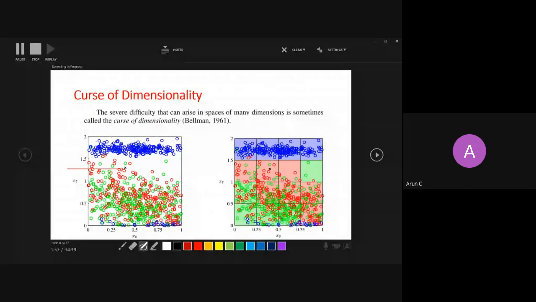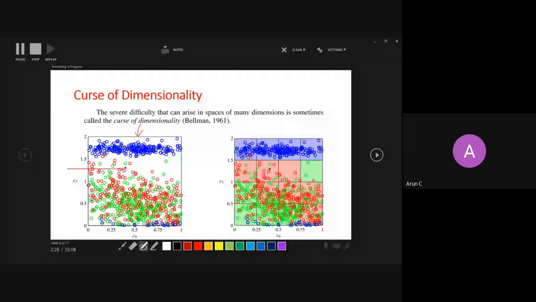What the author has said is, let's divide this space into equal subspaces, and then count the number of points falling into each subspace, particularly the one where this cross falls. Then we find the majority class in that subspace, and we give that same label to the cross.